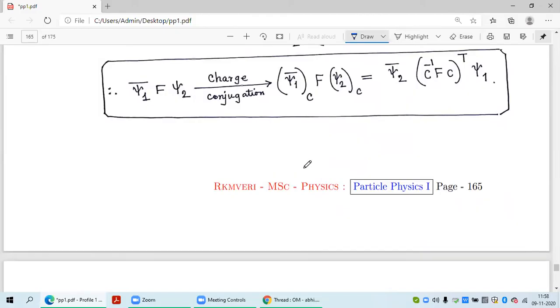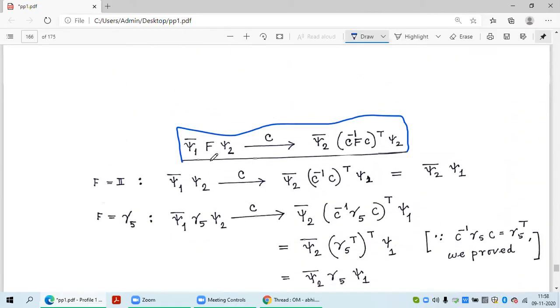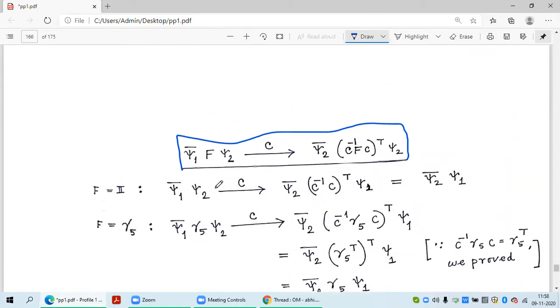Now we have to actually see what this means. So we have derived this equation, derived this transformation. Now let us check case by case. Say when f equal to 1, then we are looking at the charge conjugation transformation of this object. You put f equal to 1 here, so it becomes C inverse C over transpose.